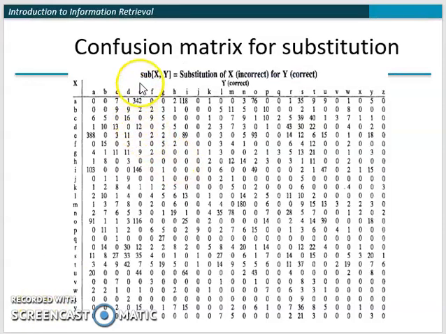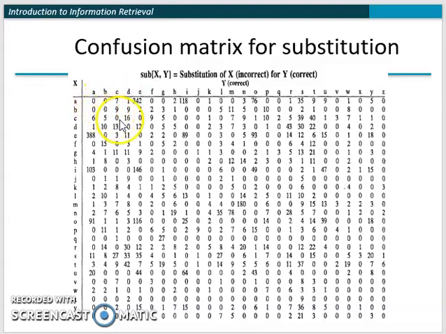This is a sample confusion matrix for substitution. So this is X and this is Y. So substitution of X for Y. Y was the correct character that user wanted to type, but wrote X instead. So if we see this entry, so user wanted to write E, but wrote A instead. And this happened 342 times.